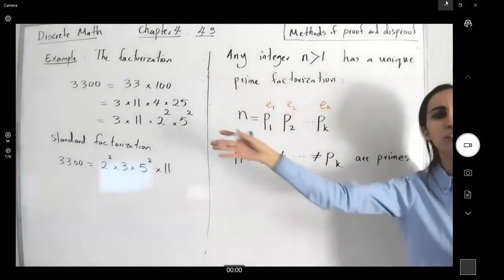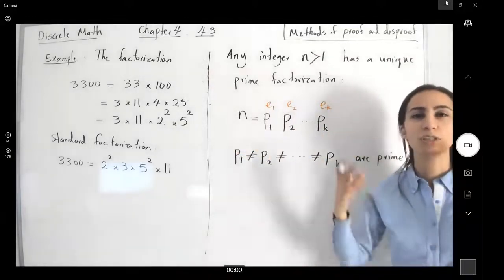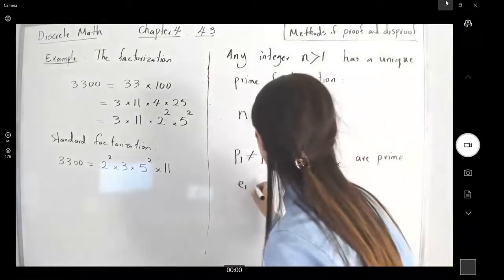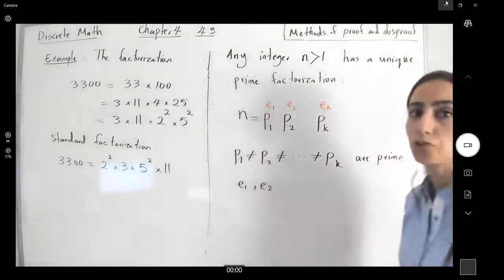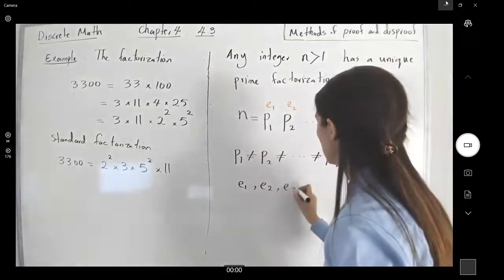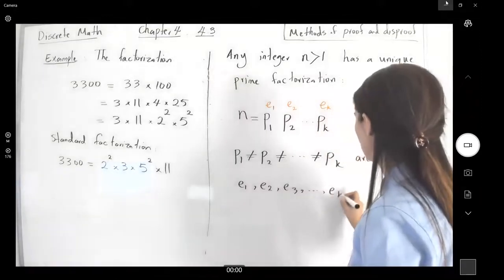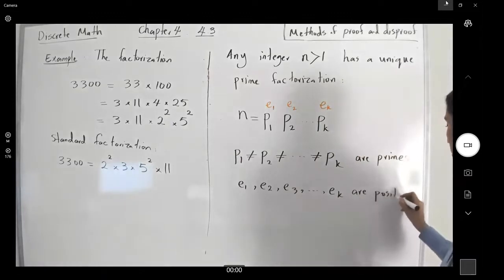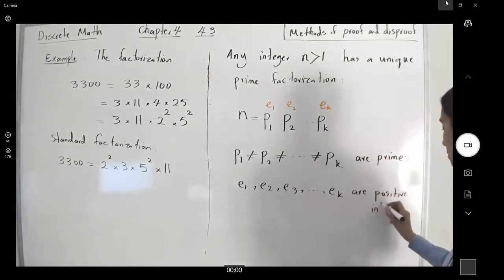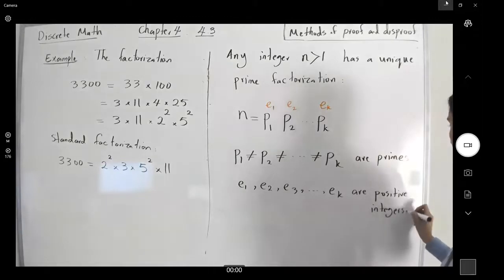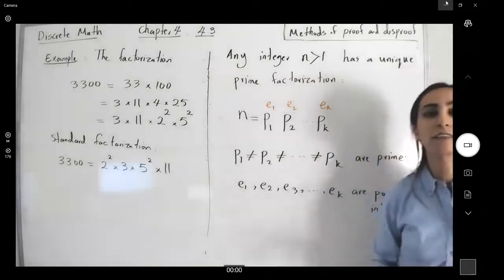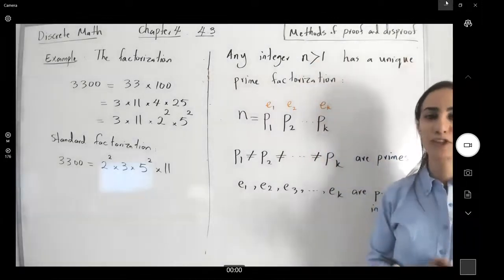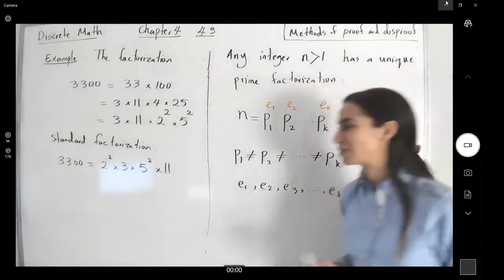E1, E2, E3, up to Ek are just integers, exponents. E1, E2 might be equal to each other, or not. E1 to Ek are positive integers. So any integer n has a prime factorization available.